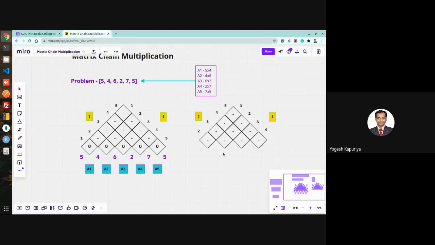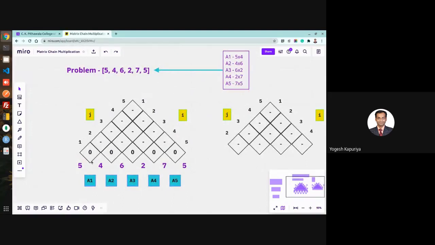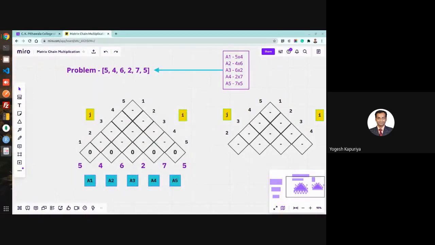We'll not look into this at this point, just focus on this diagram. Now in this cell, what you are writing is to be computed, and that will tell us about the order of parenthesis.